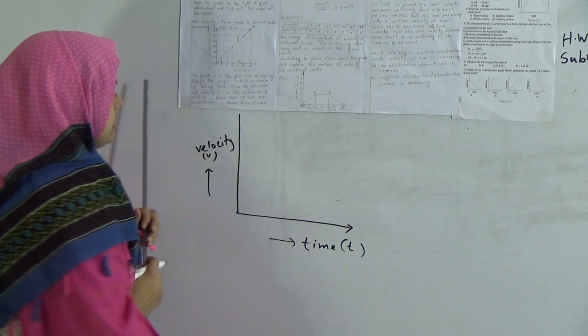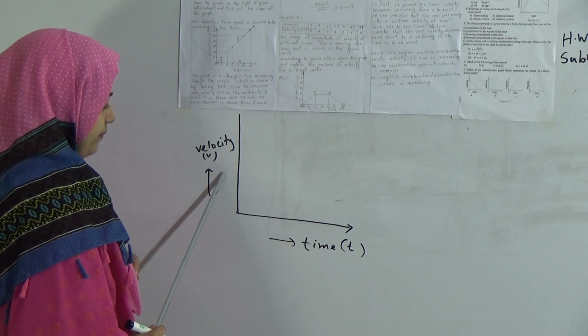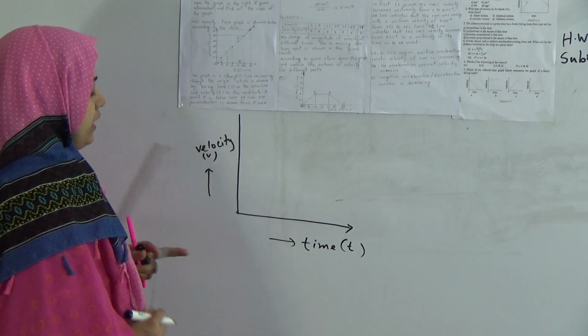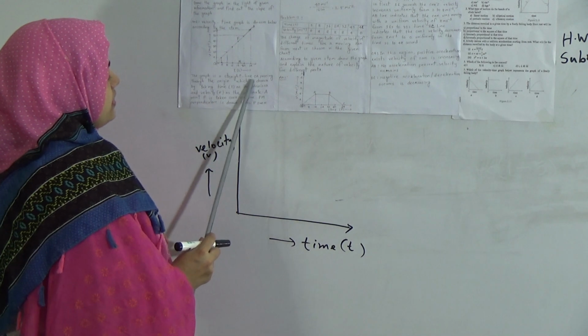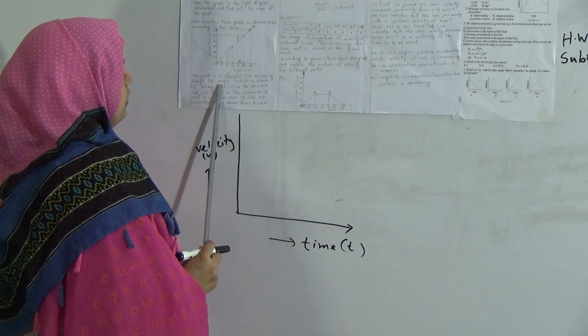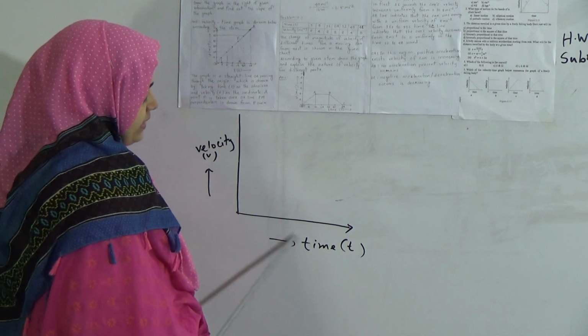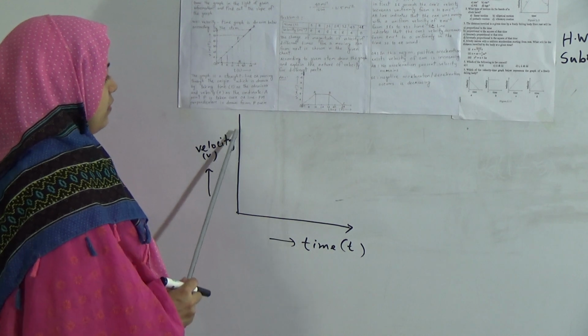This axis is called abscissa and this axis is called ordinate, and the graph is a straight line OA passing through the origin, which is drawn by taking time t as the abscissa and velocity as the ordinate.